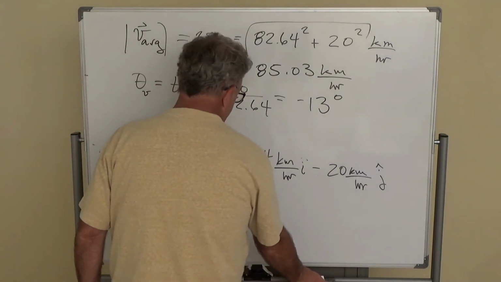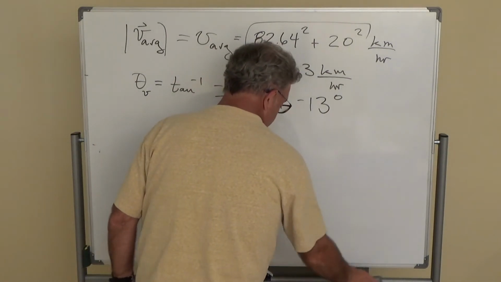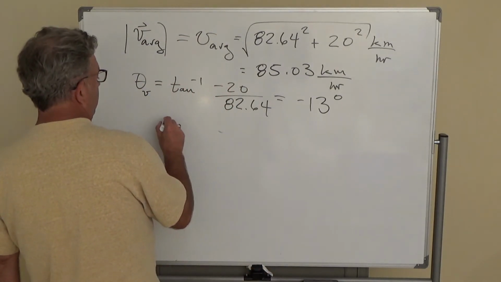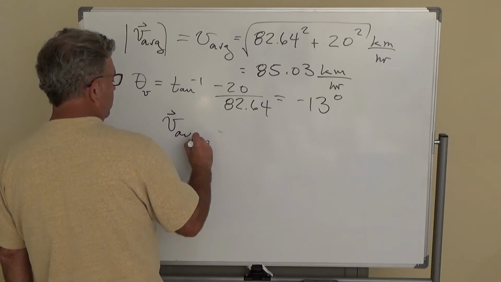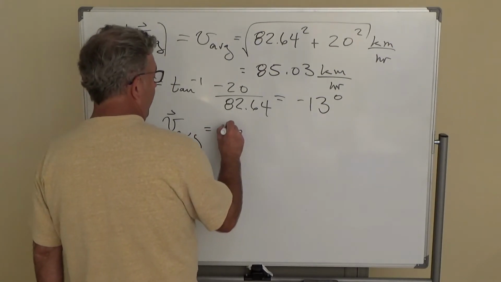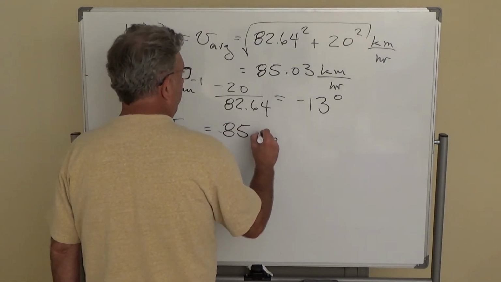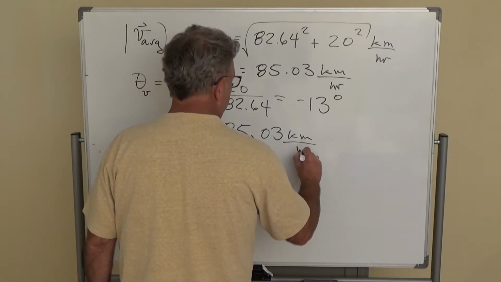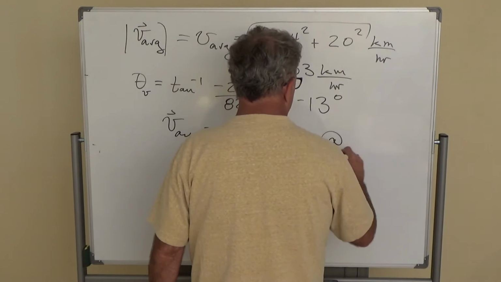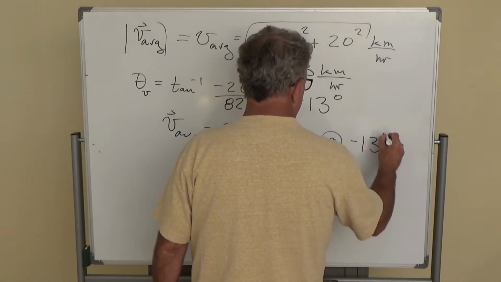So the final answer, if you had to put this on a test: V average is equal to 85.03 kilometers per hour at negative 13 degrees.